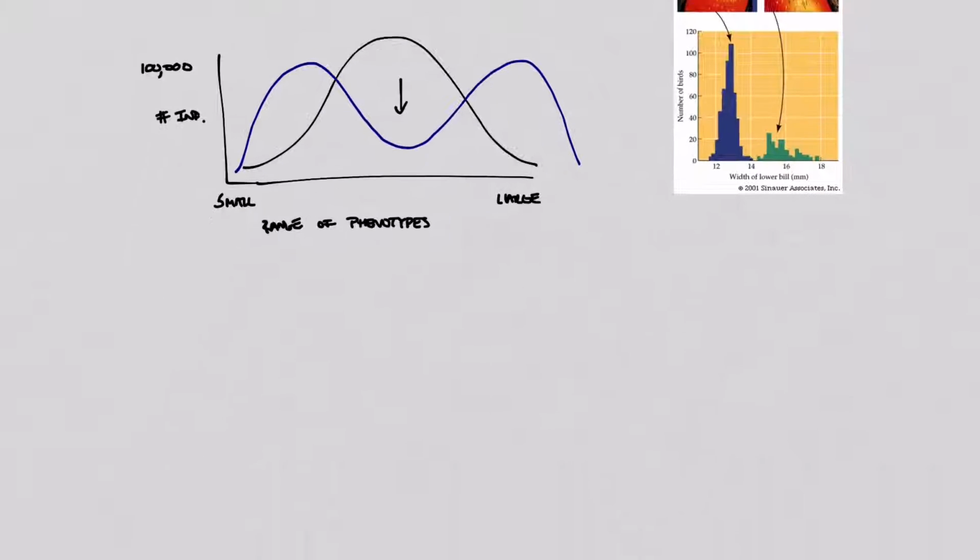Okay, the last type of selection is actually a type of directional selection, but I'm going to separate it out because I think it's important for you to consider it potentially its own category, and it's sexual selection.